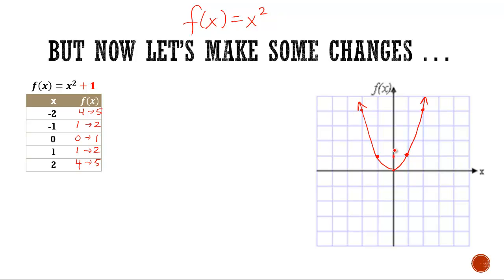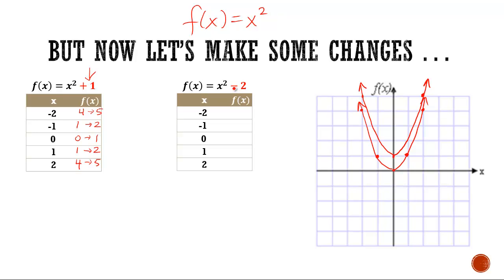So everything has shifted up by 1. So you can see adding 1 to the outside like this has made it go up by 1.